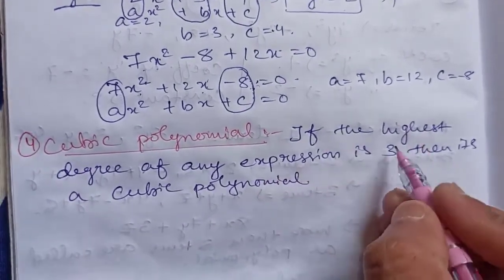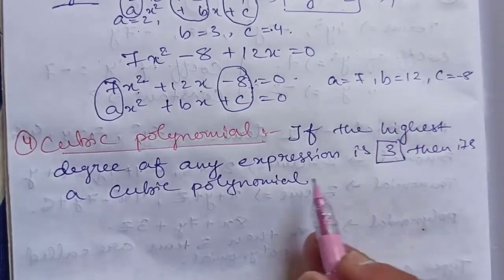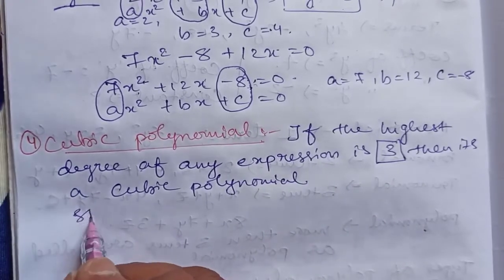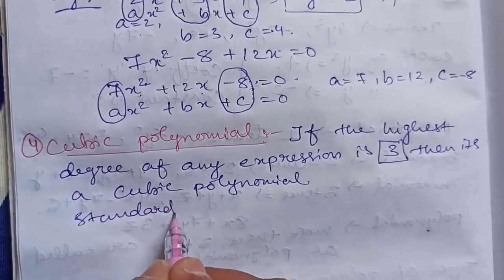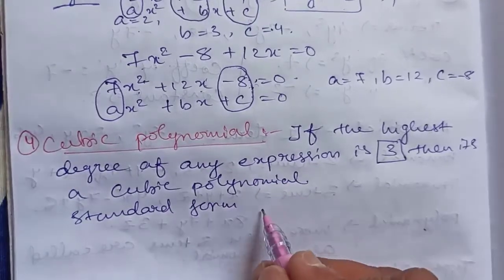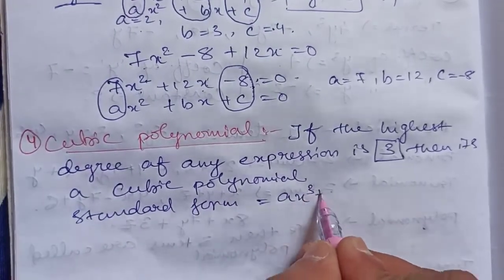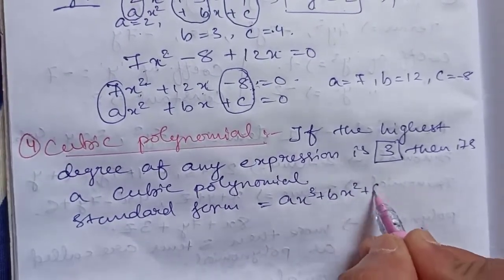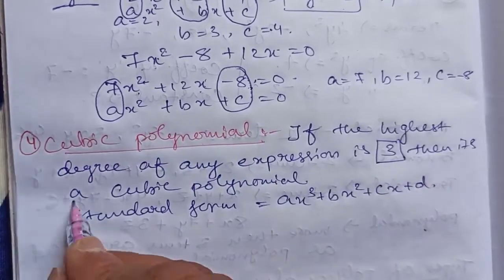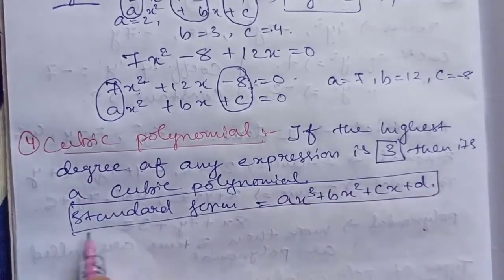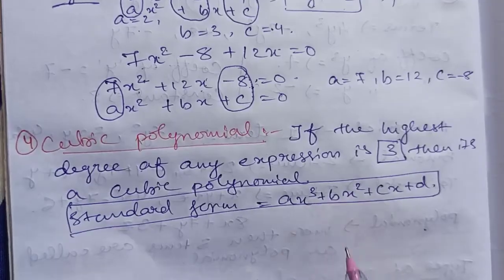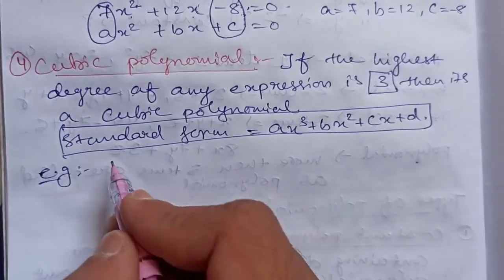Okay, if the highest degree of any equation is 3, then it is a cubic polynomial. Its standard form is ax cube plus bx square plus cx plus d. Okay, like quadratic equation, for cubic the highest degree is 3. Some examples we will see.